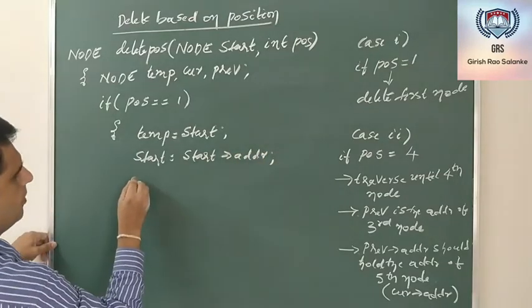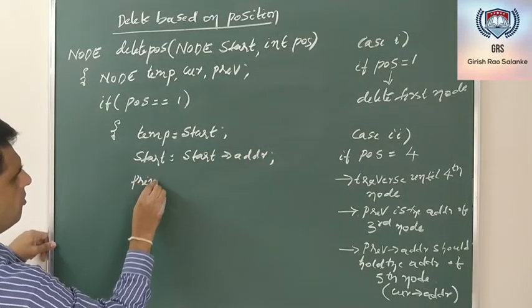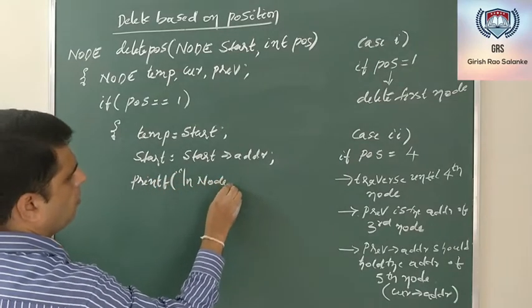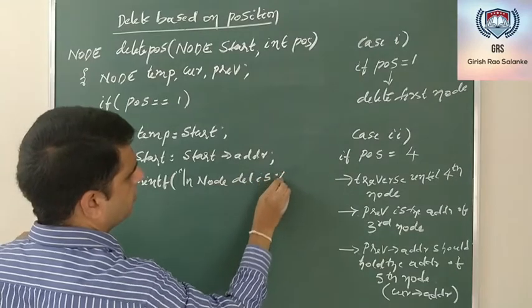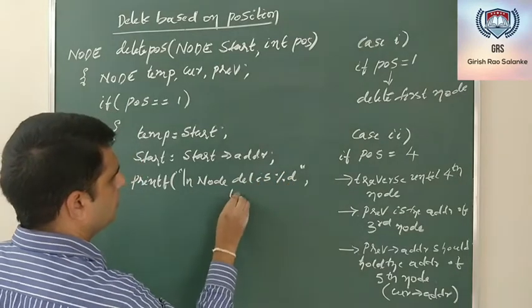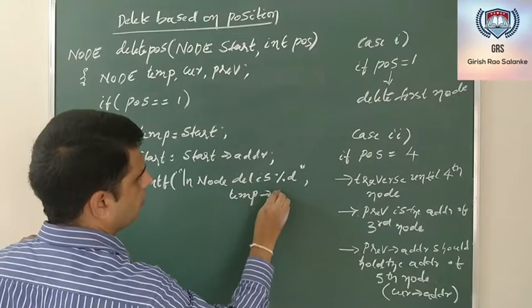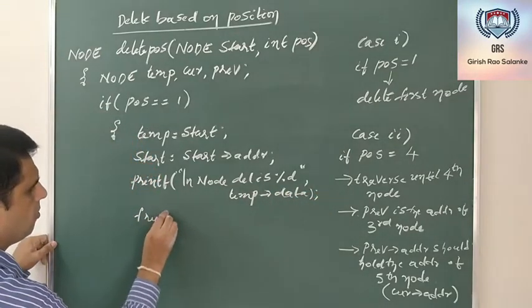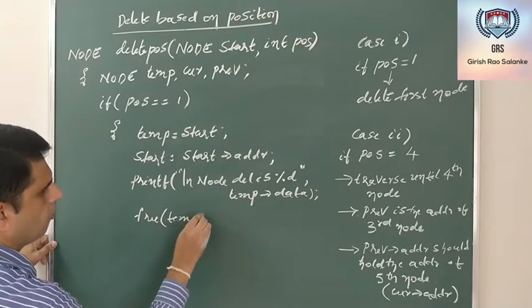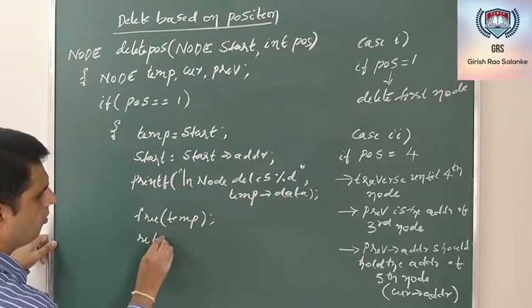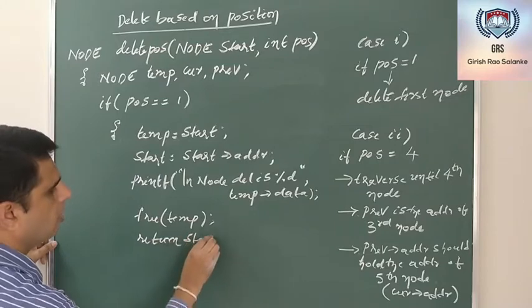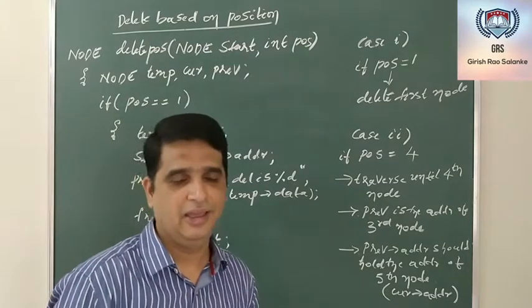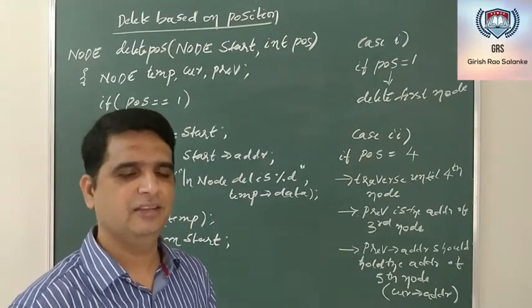Printf node deleted is percentage d, which is nothing but temp of data, free temp, return start. So this was my best case, wherein the node to be deleted is the first node.